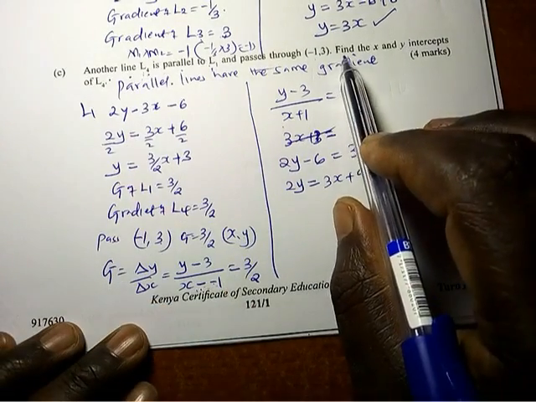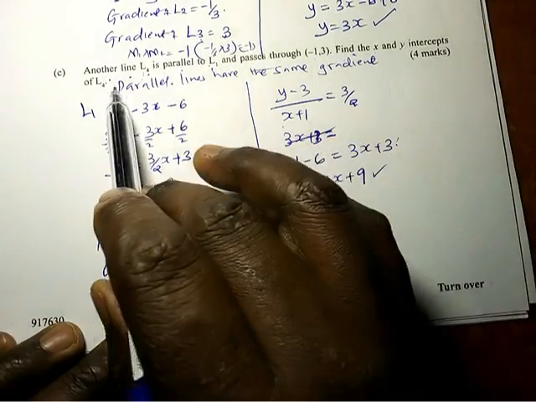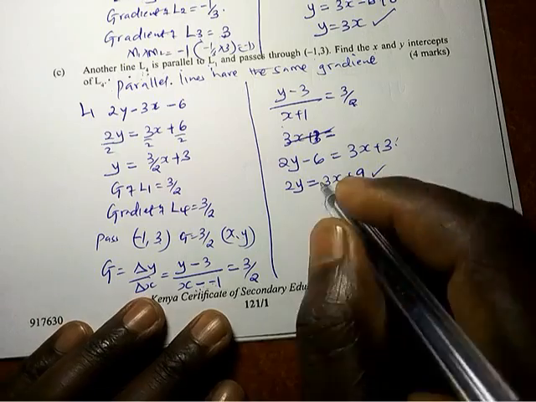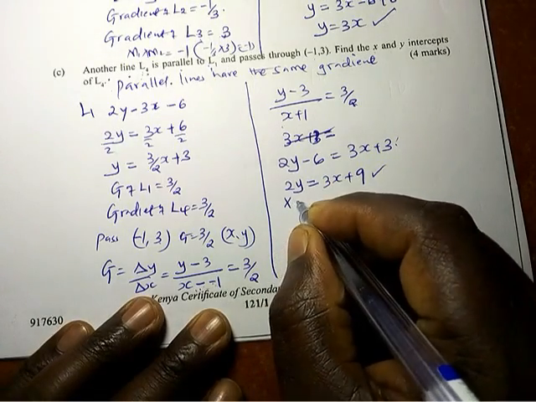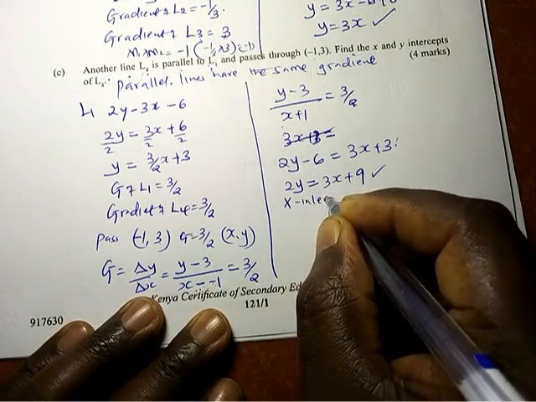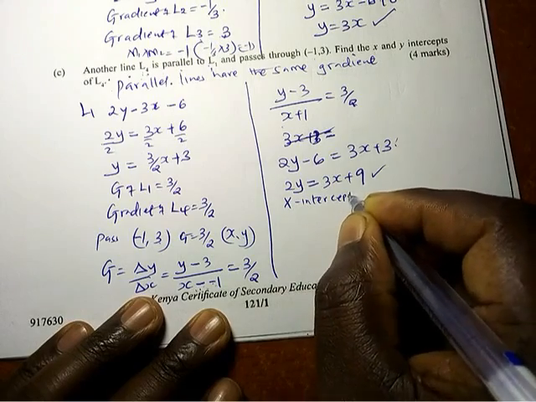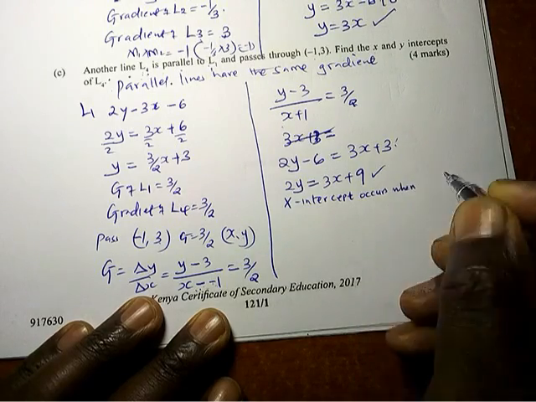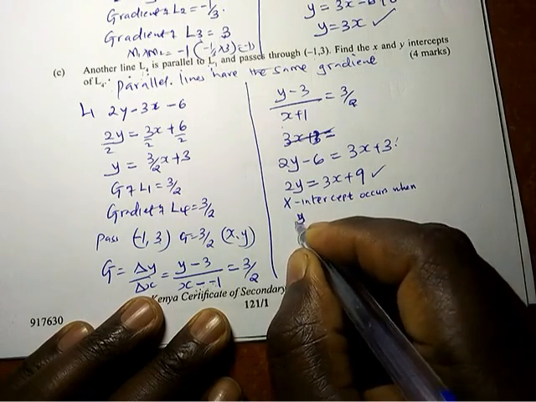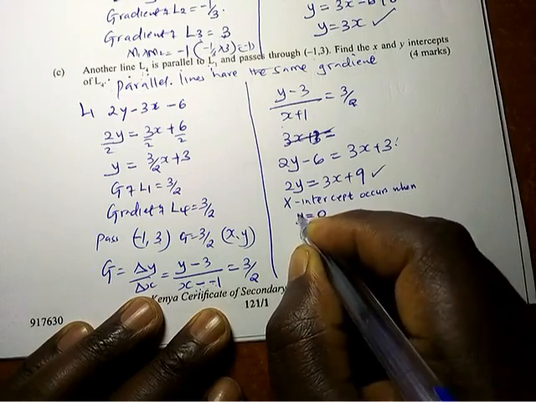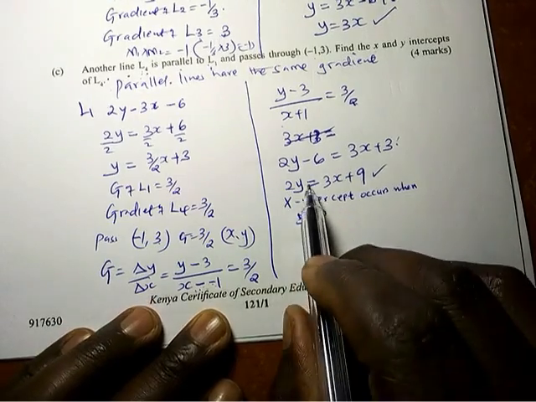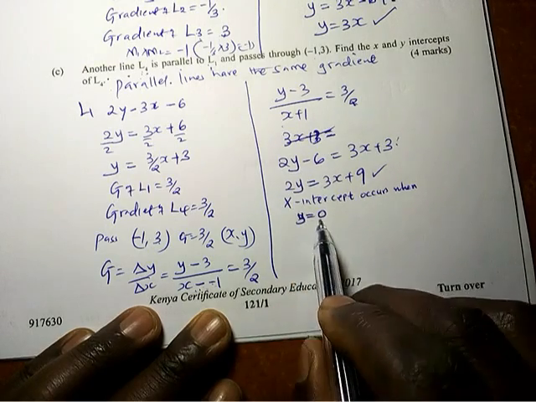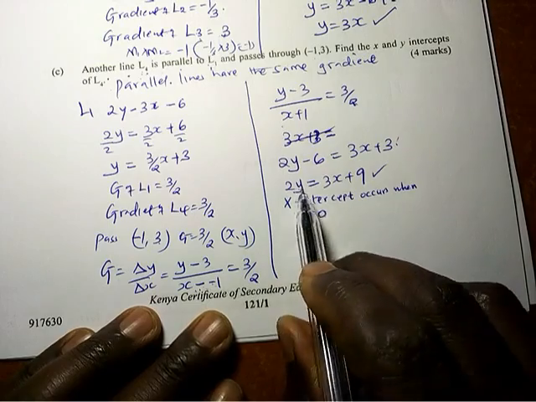But we want to find the x and y intercepts of line 4. The x intercept occurs when y is equal to 0. So everywhere you see y in our equation, you substitute with 0.